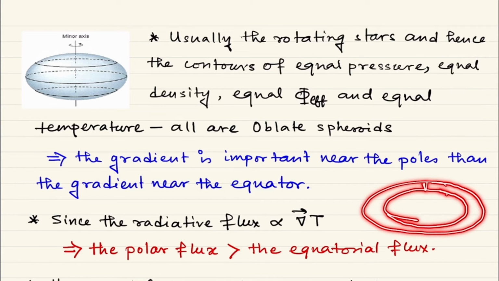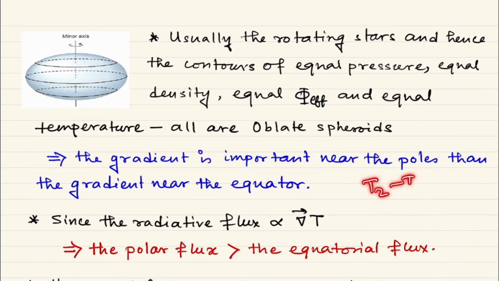Now the distance between two isothermal contours is decreasing toward the poles. Let's say here your temperature is T1 and here T2. The temperature gradient near the poles will be T2 minus T1 divided by the distance between the two contours near the pole, delta P, and the temperature gradient near the equator will be T2 minus T1 divided by delta equatorial.